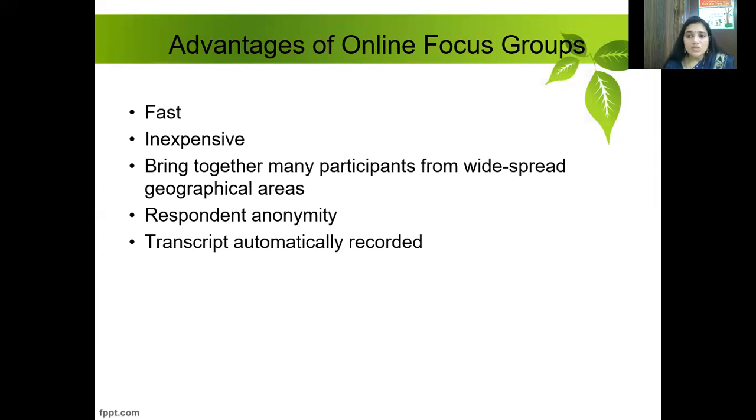So in that case, you can actually not disclose the name of the respondent. Then transcript automatically recorded. Yes, we have software these days. For example, if you are conducting a meeting on Zoom or Google Meet, you can record that and listen to it even after the discussion.